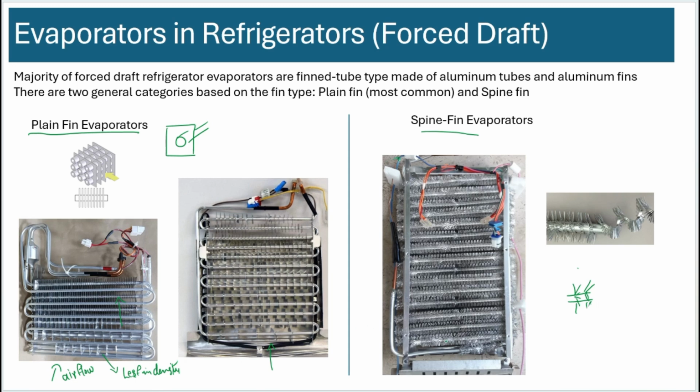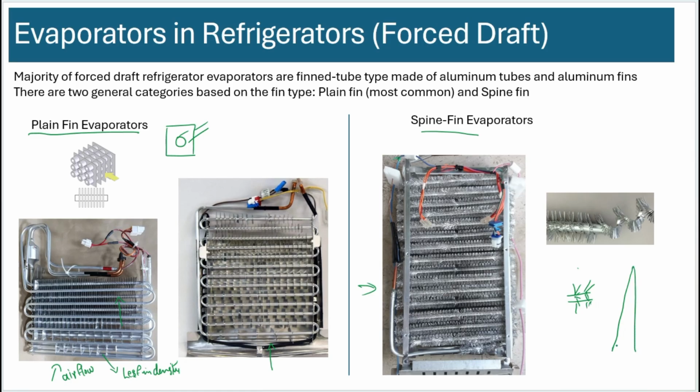And in these cases, it's difficult to control the fin density as you go up. What they do is, I don't have a view here, but they'll create a bigger gap between the tubes at the bottom. And as you progress towards the top, there is a smaller gap. So if you look from the sides, this will look something like an A shape.